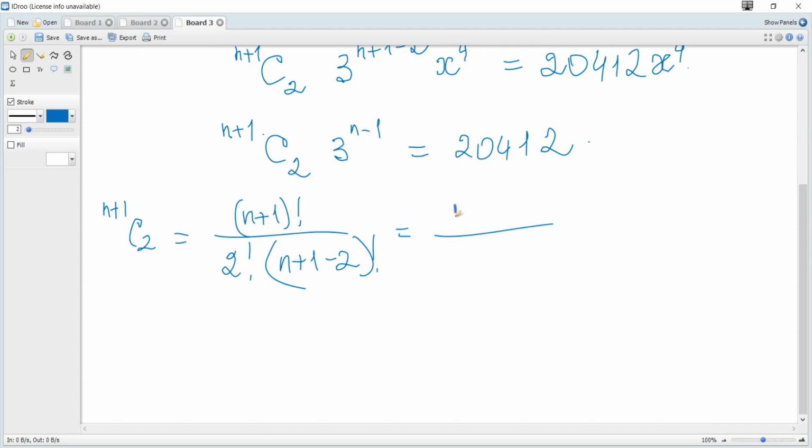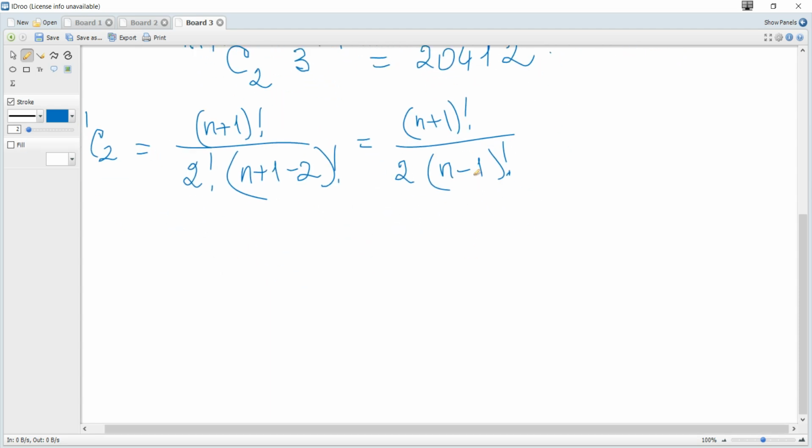Let's try to simplify it. 2 factorial is just 2, and it's (n minus 1) factorial. And it looks like 11 factorial over 9 factorial when, for example, n is 10. How to simplify it?